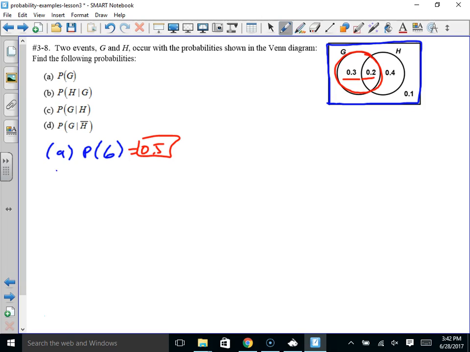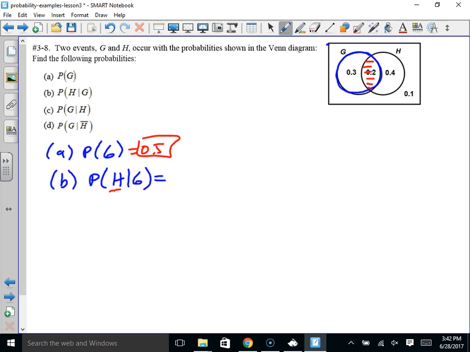Okay, for the second one here, B, it says find the probability of H given that G has happened. So on the Venn diagram, the conditional sample space is going to be defined by G. So we have to stay within the G circle, right? And then we're talking only about the things that are H, but we have to stay constrained to the G circle. So the part that's H is this part, this 0.2.